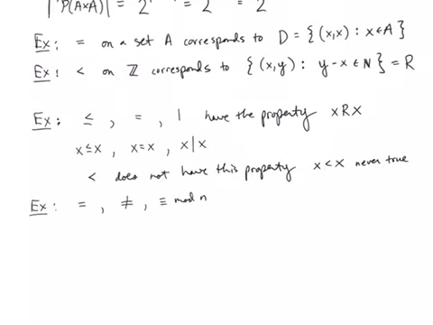Another special property that some relations have, for example equality, not equal, and equivalence mod n, is that if x is related to y, then y is related to x. So they have the property that x related to y implies y is related to x.